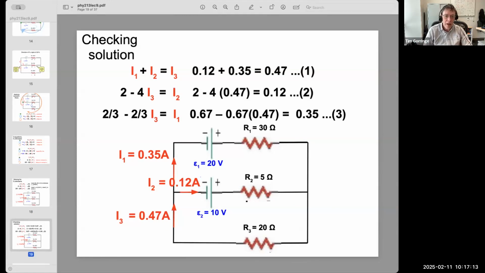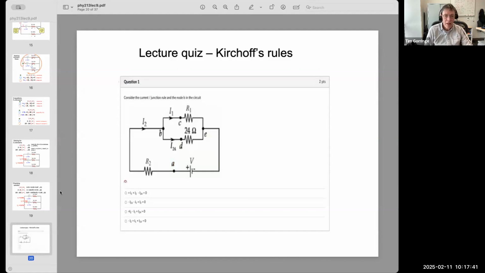So I normally go back and plug the numbers into all 3 equations to check that the equations are literally fulfilled. Here I'm plugging in all the currents into the 3 equations and checking the left-hand side equals the right-hand side. That's a good check that your results are correct, because it is easy to make a sign error or some other error in Kirchhoff's rules.